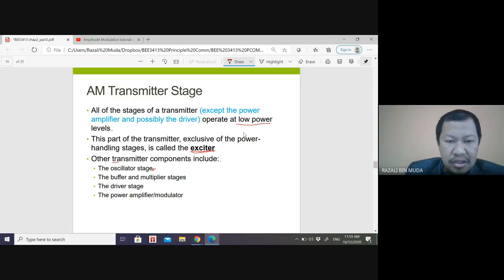So these are the transmitter components. Other transmitter components include oscillator stage, buffer and multiplier stage, driver stage, and power amplifier or modulator. These are the components of the transmitter, or the building blocks of the transmitter.